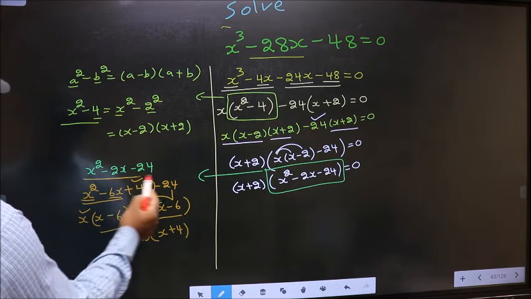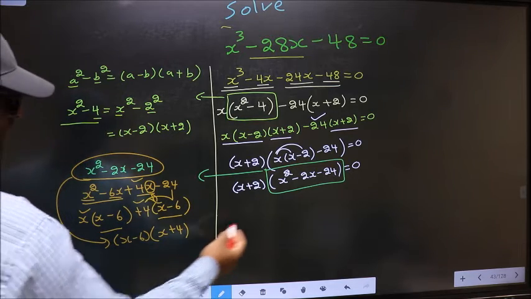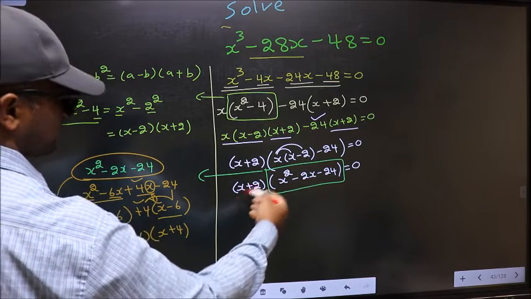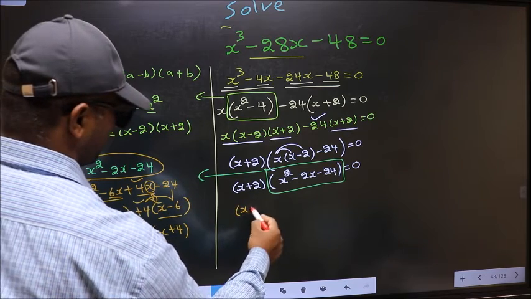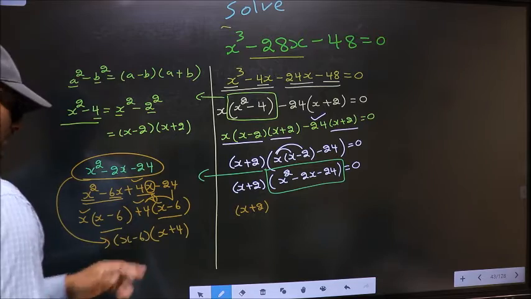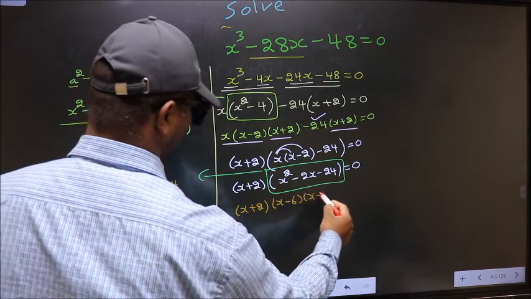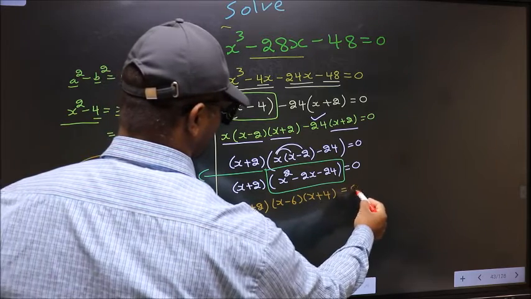Now in place of this quadratic, we should write this over here. So this equation becomes x plus 2, in place of this one, x minus 6 x plus 4 equal to 0.